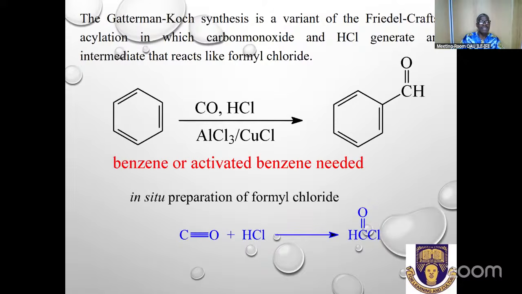Now this is a benzene, in the presence of carbon monoxide and HCl, with the catalyst aluminum chloride and copper(I) chloride. The product is a benzaldehyde.